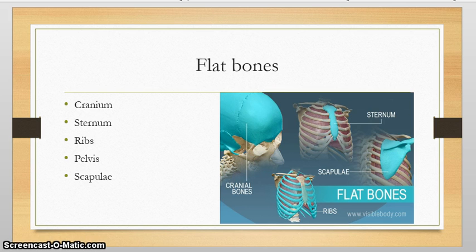The function of the flat bones is to protect internal organs such as the brain, heart, pelvic organs, the lungs, and other ones like that. Flat bones are somewhat flatter and can provide protection like a shield. Flat bones can also provide large areas of attachment for the muscles.